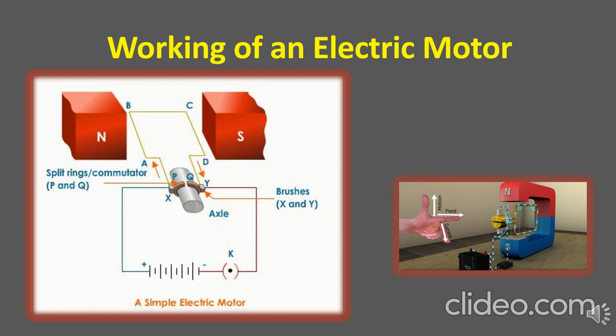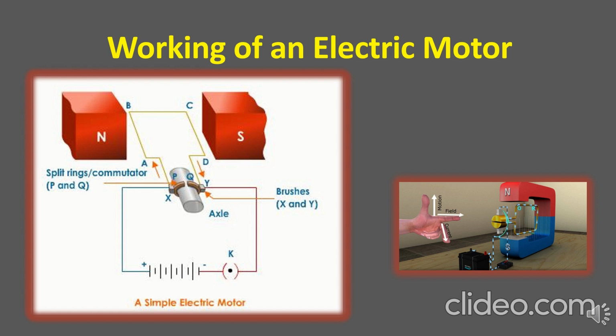So according to Fleming's left-hand rule, what happens? Due to the current, a force is exerted on the branch AB and it pushes it down. In the branch AB, the current is flowing in the upward direction and the force is pushing it in the downward direction. The current in the CD branch is in the opposite direction to that of AB. You can see in the diagram, the current in the branch CD is in the downward direction.